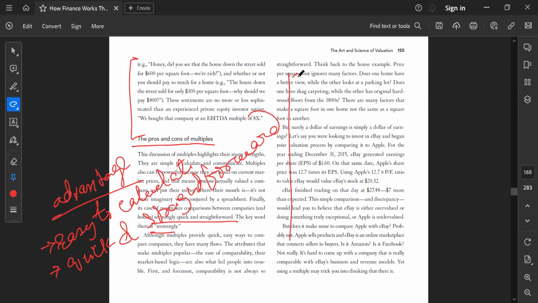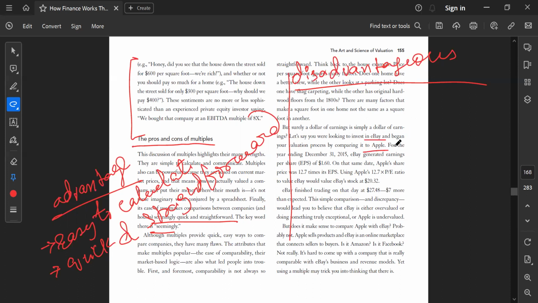I just described how it is disadvantageous. Okay, it is disadvantageous because it ignores certain unique aspects of the industries. Okay, here it gives an example of eBay and Apple.